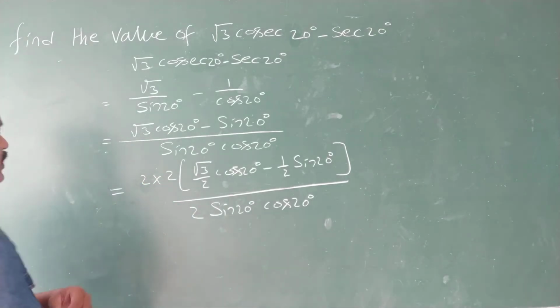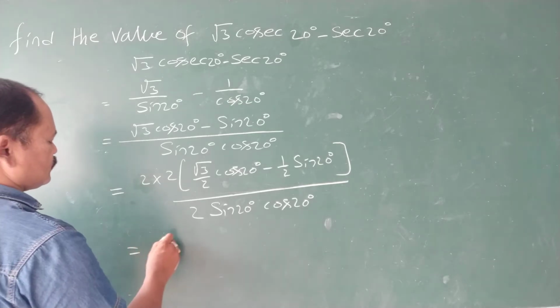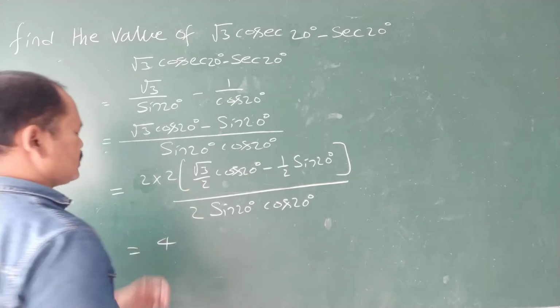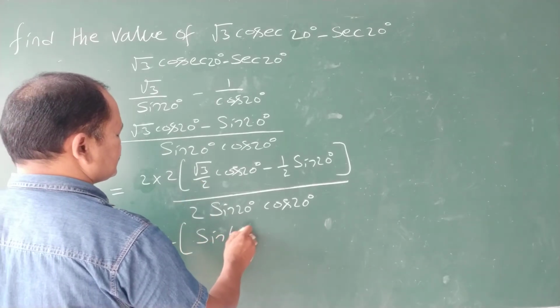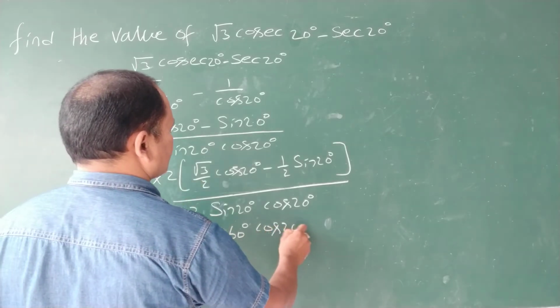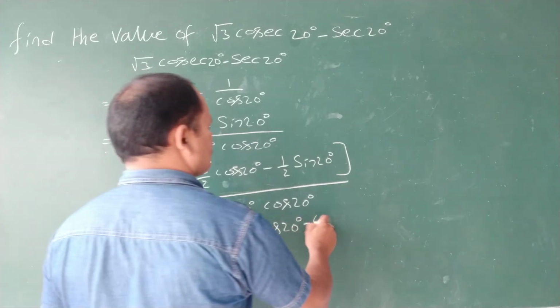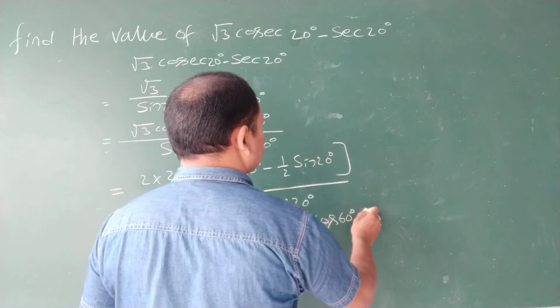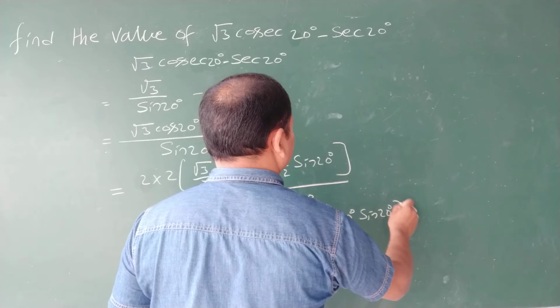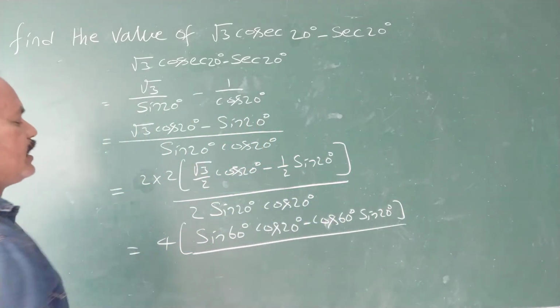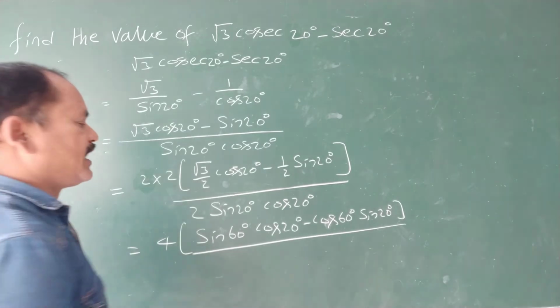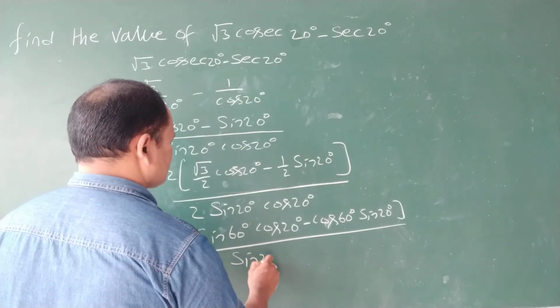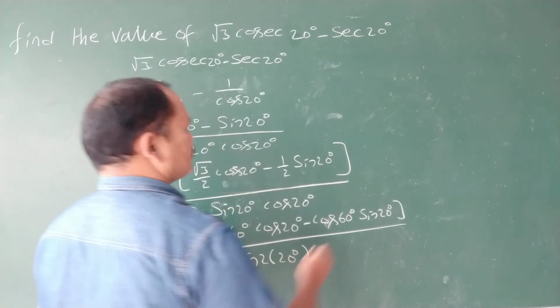That's all. Now from this, here it is 2 into 2, 4 times of, instead of root 3 by 2 we have to write sine 60 degrees. Here it is cos 20 degrees minus cos 60 degrees into sine 20 degrees whole by, here it is 2 sine theta cos theta, which is nothing but sine 2 theta, sine 2 times of 20 degrees.